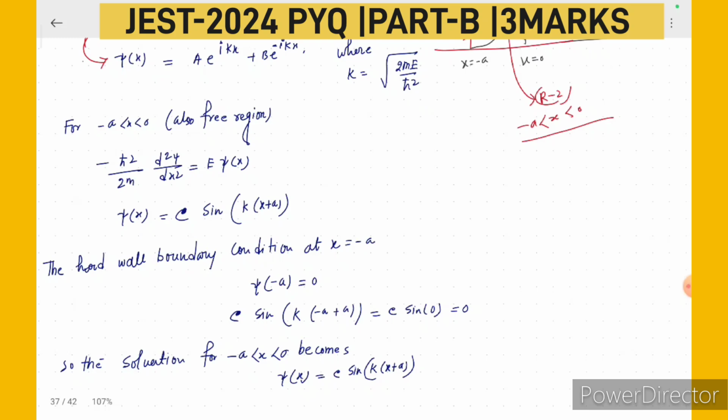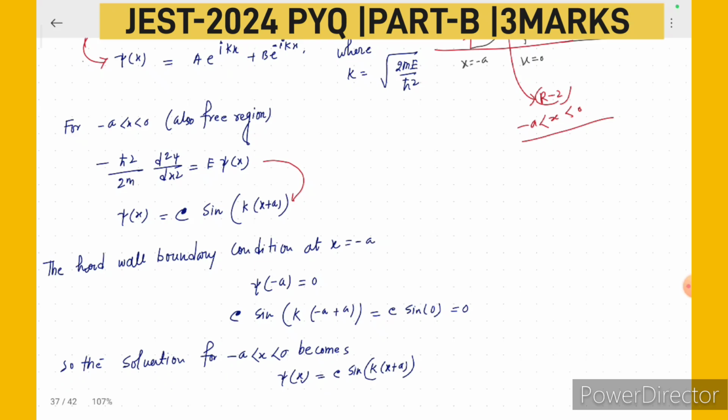In a similar way we find the solutions, and we use the boundary conditions also at x equals minus a and at x equals 0. Then we get a solution psi of x equals C sin of k(x plus a).